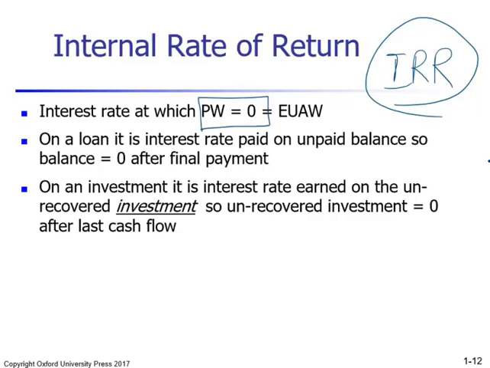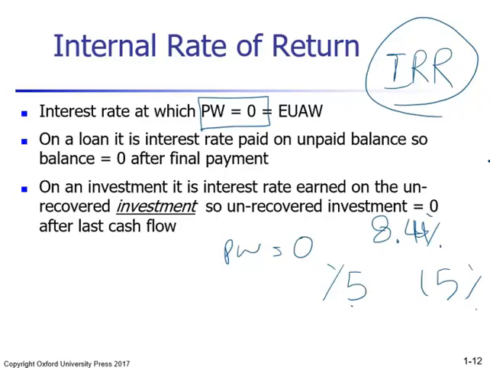You remember one session we started trial and error to get PW equal to 0. I remember the answer was 44%, and we started between 5 and 15%, and we kept playing with them until we got to 850 or 845. So you already know about that.